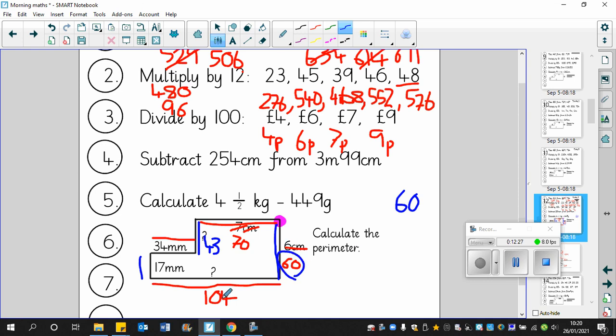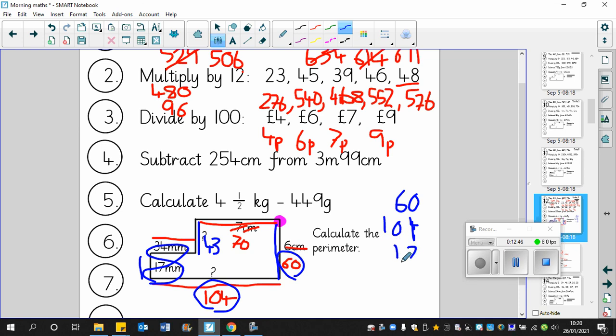And then 104, and then I'm going to add up 17 and 34, so put circles around those two.